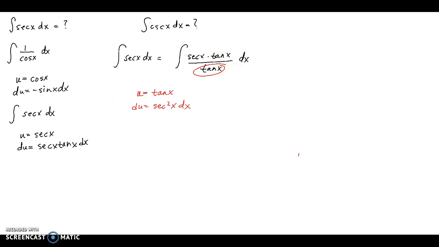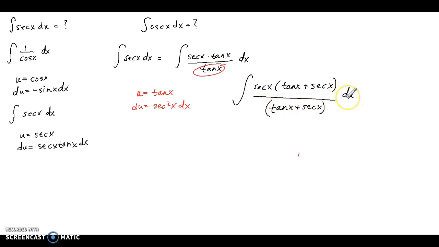Someone very smart developed this. They said take secant x and multiply it by tangent x plus secant x, the addition of those two, and use that as your quantity for 1. If you do that, now letting u be the denominator, u would equal tan x plus secant x, and du would equal secant squared x plus secant x tan x.